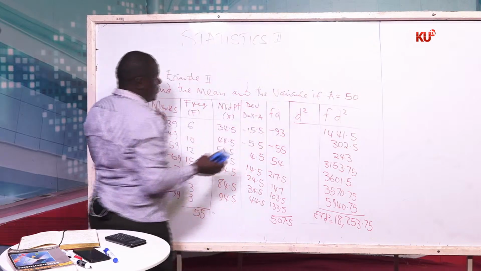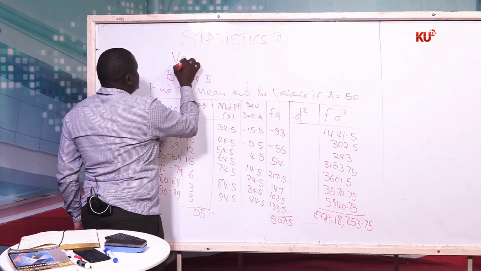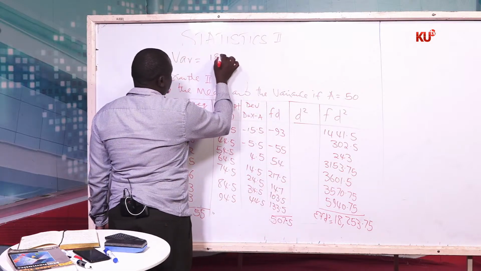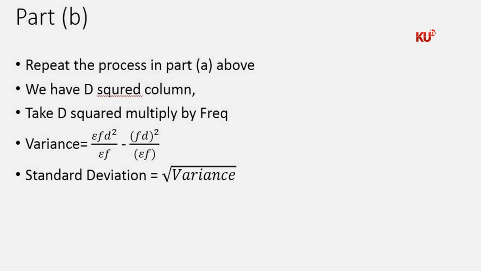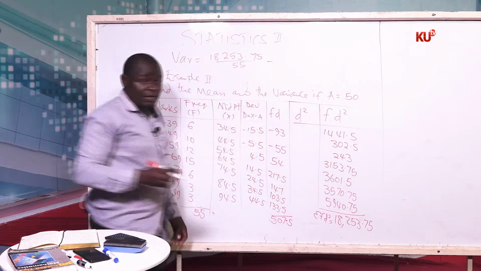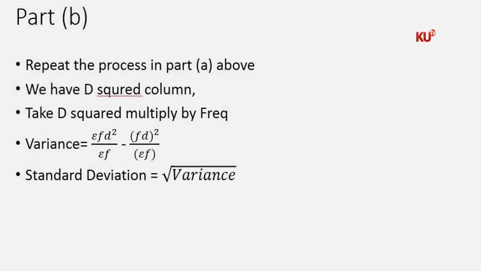We had already indicated the formula, and therefore variance is given by summation of FD squared, which is 18,253.75, divided by 55, minus, not plus, minus, as well indicated on the slide, summation of FD, that is 507.5 over 55, this squared. 507.5 divided by 55, then you square that.